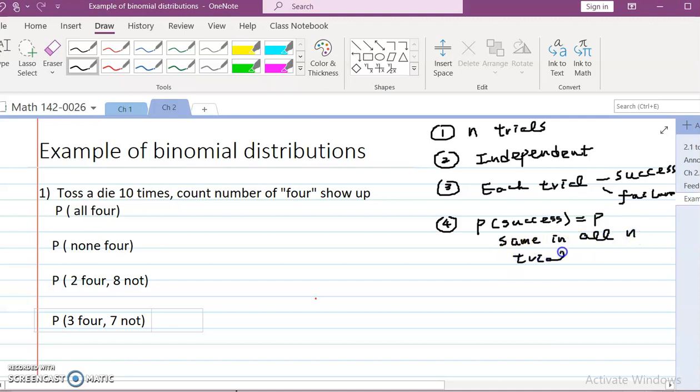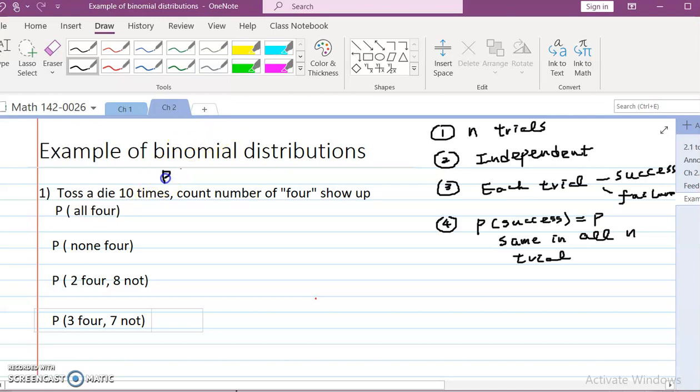This is a very high-level description, but you can see that a lot of daily questions about probability can be modeled by it. One example would be: I toss a die 10 times and I count the number of 4s that show up. In chapter 3 we learned how to calculate this. If I toss a die 10 times, what is the probability of all 4s?